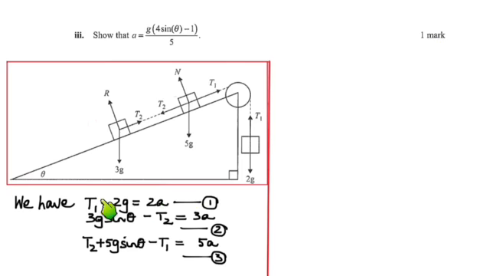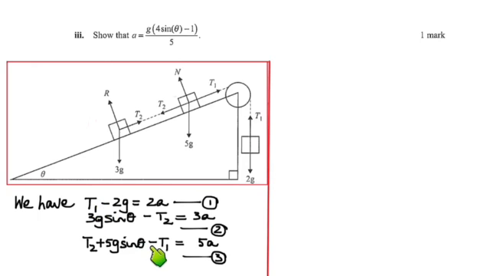You could get yourself involved in a great big simultaneous equation trauma, or you could realise that just by adding all three equations up, the T1s and the T2s mercifully cancel each other out.